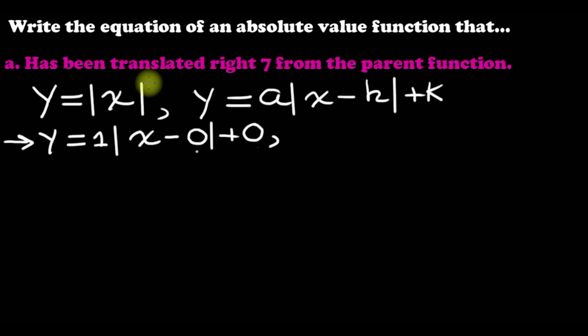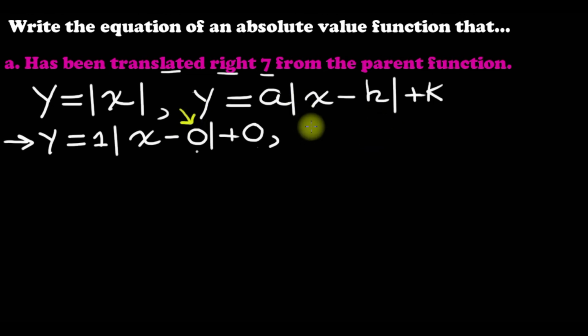This transformation is translated right 7, right? So you go to the right 7. So the h is your left or right. So we're going to add 7 to this, and that's the only thing that's going to change.